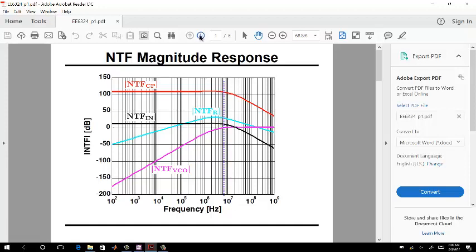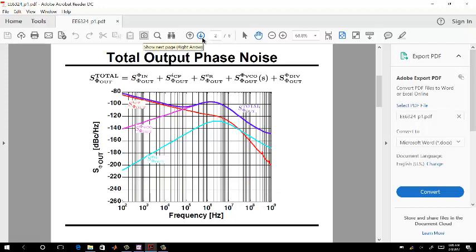The next plot shows the noise spectral densities when multiplied with their NTF functions. For the charge pump, which had a low pass transfer function, the charge pump noise is a current noise, which is constant across all frequencies, so you get S_ICP out in red.